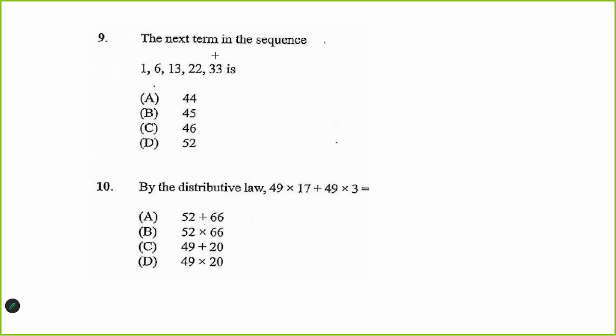This one here, we saw that we were only adding odd numbers, so this would be plus 13, which is 46. Distributive law will tell you it's 49 times 17 plus 3, which is 49 by 20, which is C. And that's the end of May, June 2017.